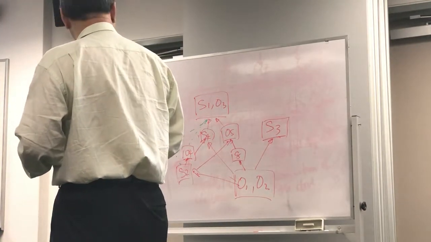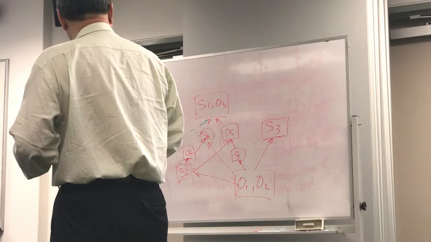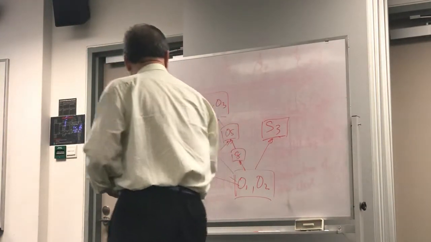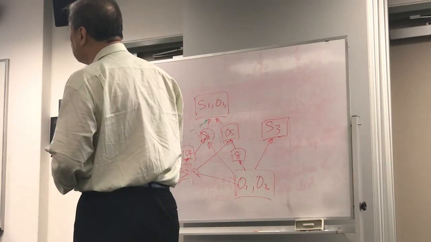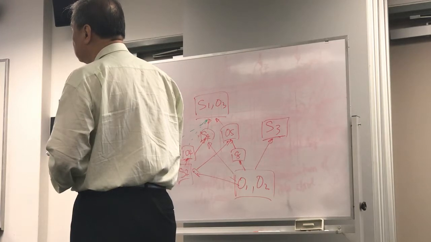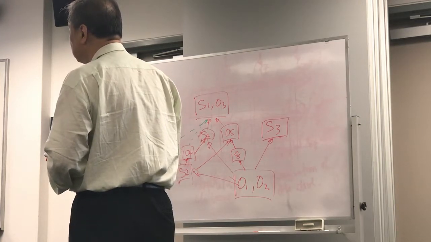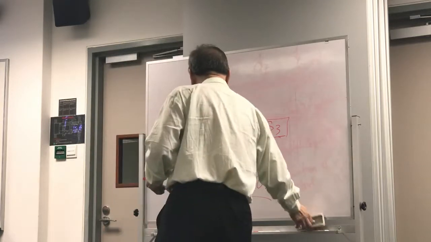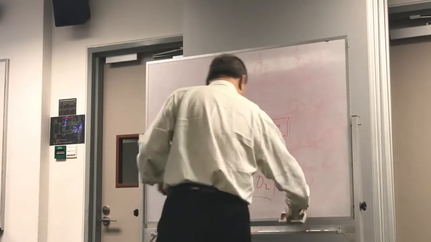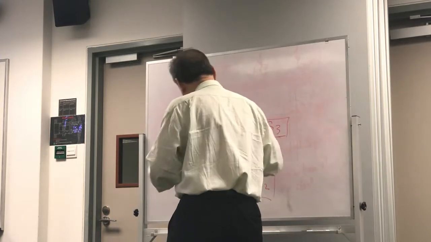S4 and O1, it's transitive, right? It is transitive because of this. S1 is subject. So O1, S4. Transitive. So now it becomes transitive.